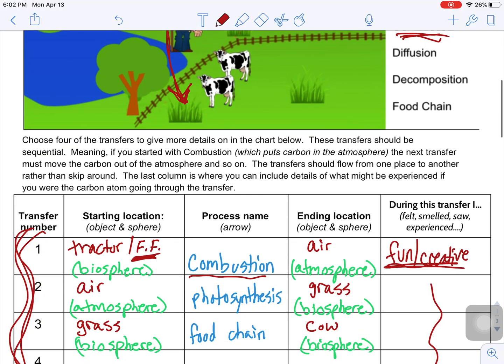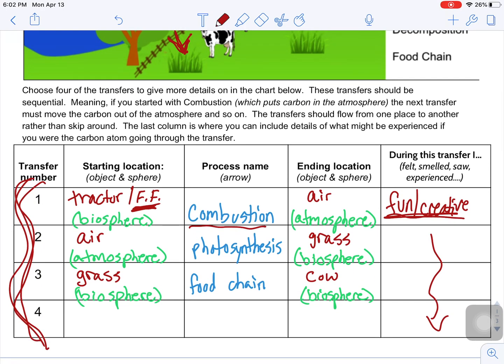And now the part that you've got to be creative with is what did your carbon atom feel or what did it experience? So you've got to do something fun and creative. Just try and use your imagination a little bit.